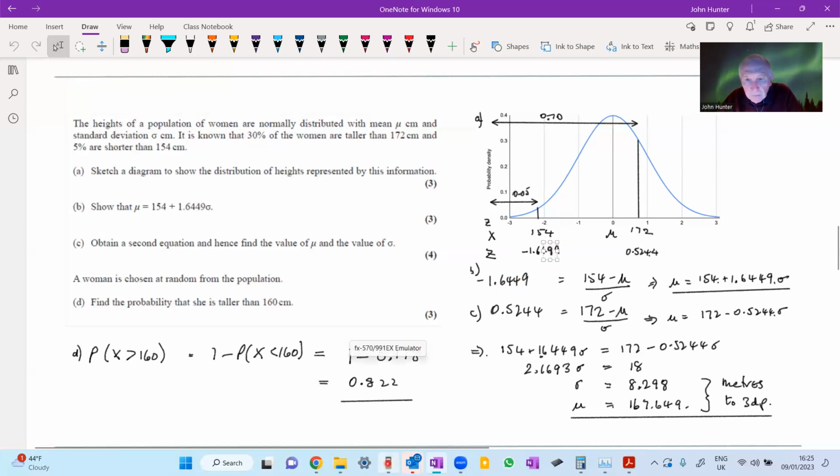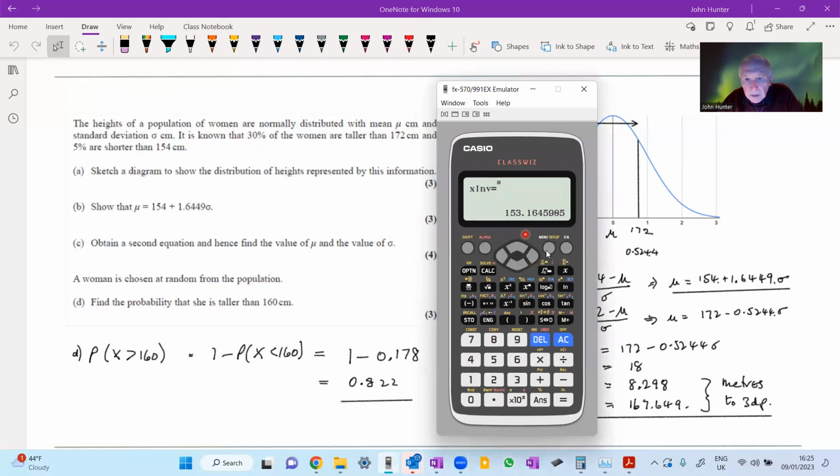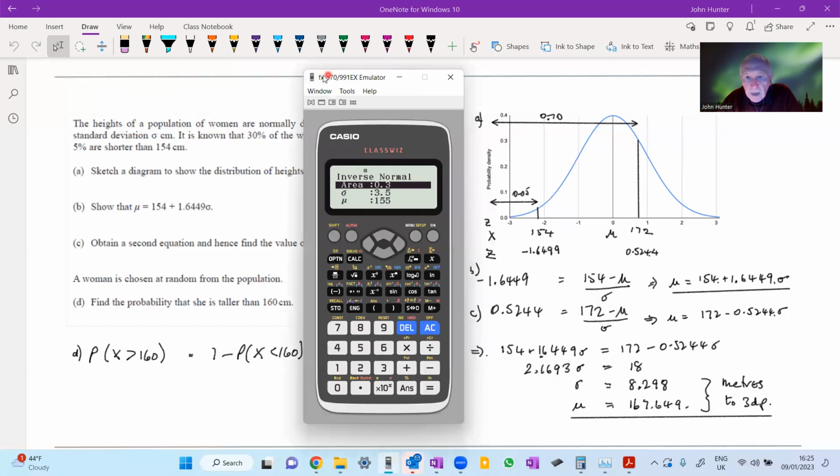Let's have a look. If we go into menu 7, and go into inverse normal, for an area of 0.05, with a standard deviation of 1 and a mean of 0, then we've got minus 1.6449.